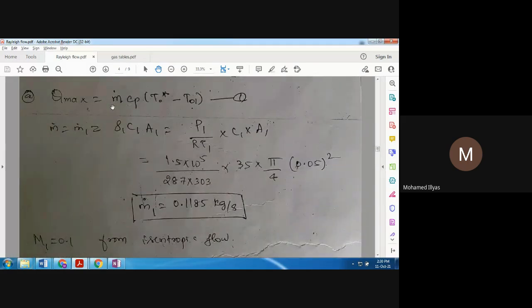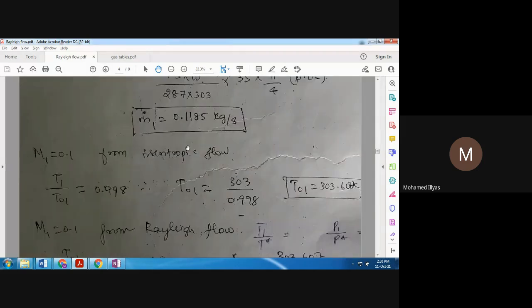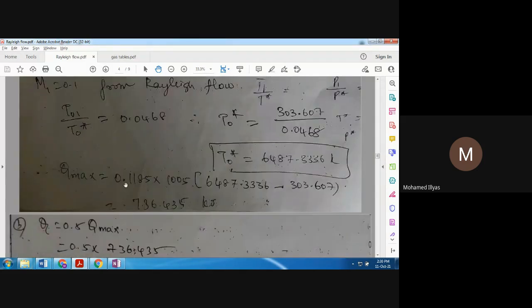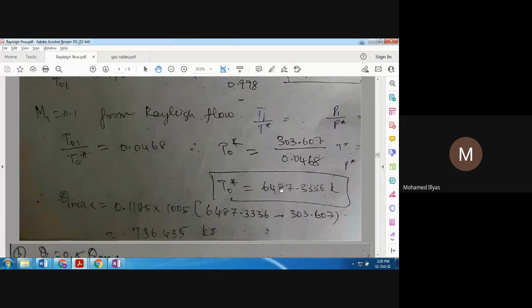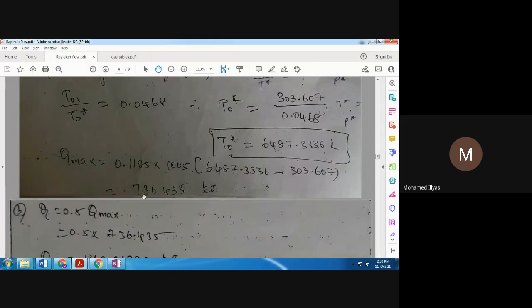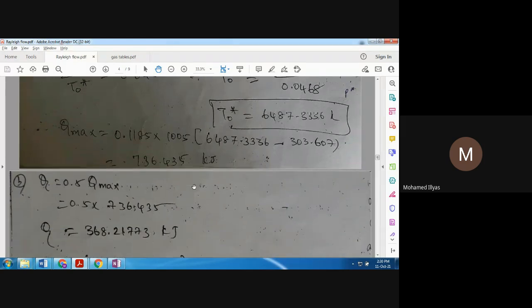So we have all the values to calculate the Qmax here. M dot we know, Cp also we know, and T0 star minus T01. So m dot is 0.1185, Cp is 1005, T0 star we have got as 6487, and T01 is 303. Substituting this, we get our Qmax as 736.435 into 10 power 3 joules, so we are writing it in kilojoules here.